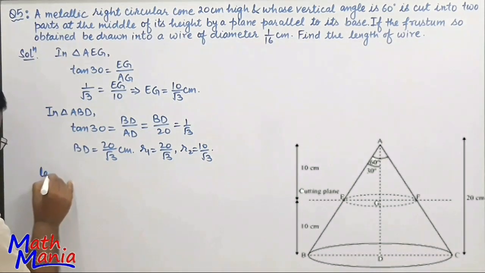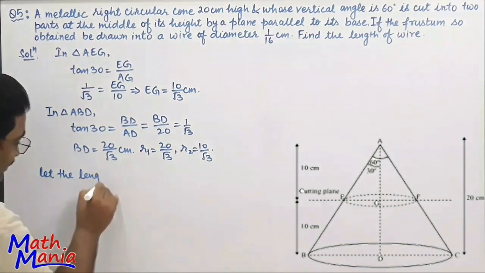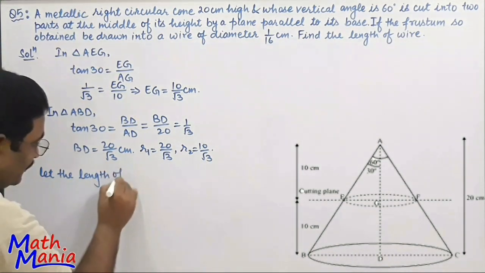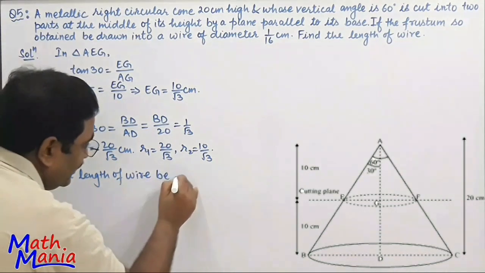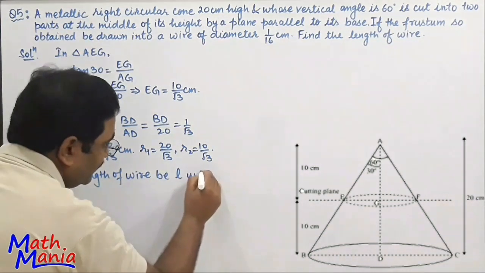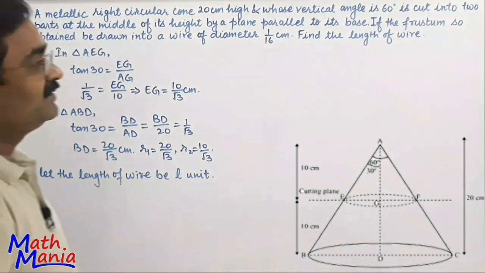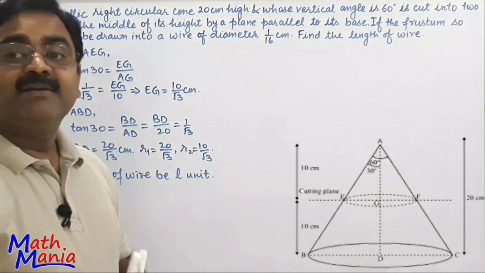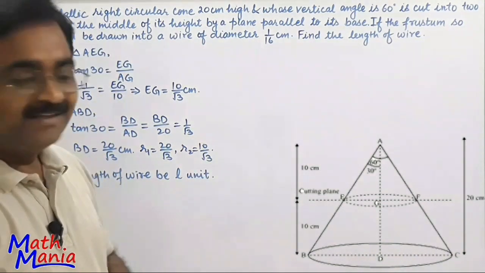Let the length of wire be L unit. Okay friends, so the volume of wire so obtained will be equal to the volume of frustum so obtained.